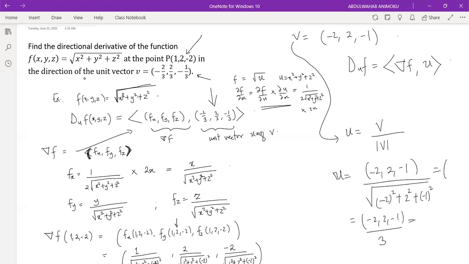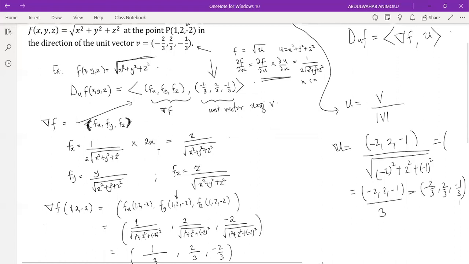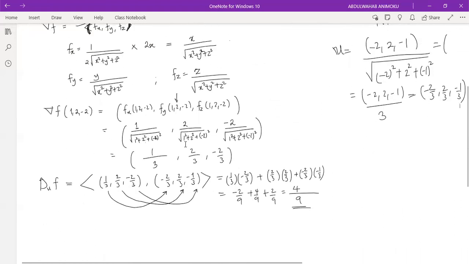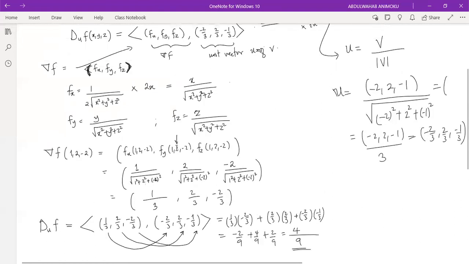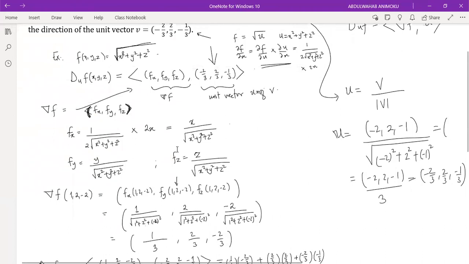The question has already found the unit vector to solve this problem. In case you don't have the unit vector in the direction of v, you have to find that first. Just in case you're not given a unit vector, you have to convert it first, and then find the dot product of that with the gradient vector at that point.